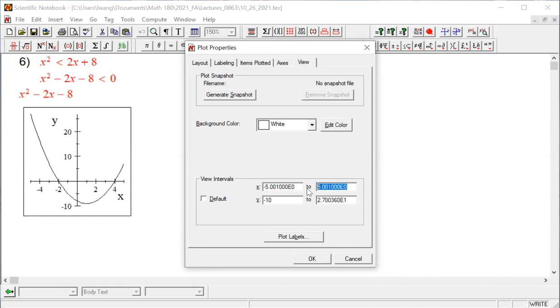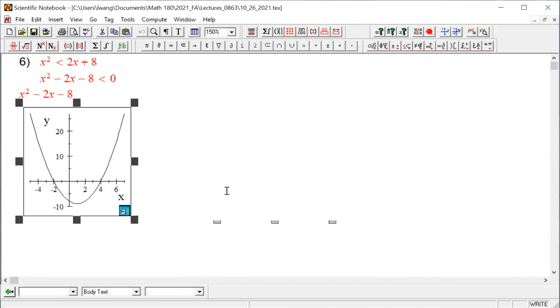This is the graph. You still need to know the crossing, but you didn't factor. So what do you do? You can set this equal to 0 and use the quadratic formula.